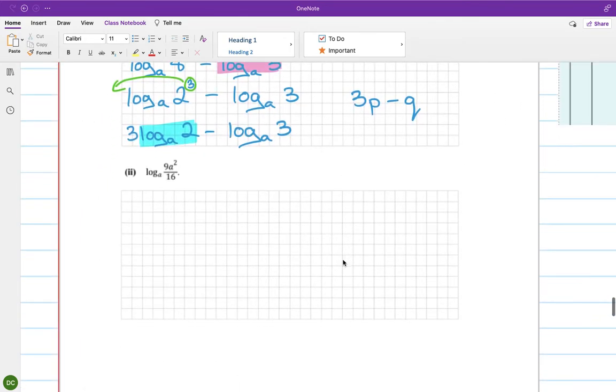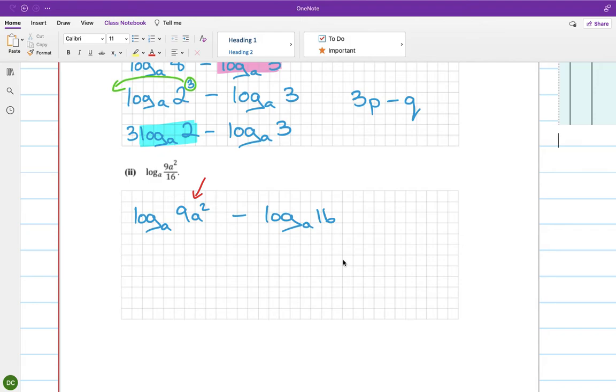And then this one. So I'm going to go similar because it's still a division. So log to the base a of 9a squared minus log to the base a of 16. Now we have the same problem here we had in the last one. It isn't the entire argument being squared, it's only the a.